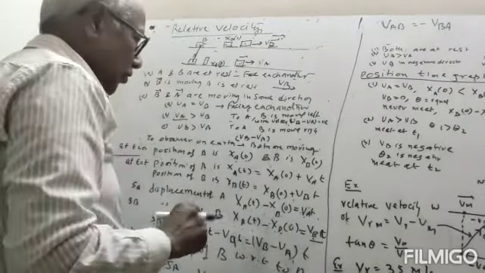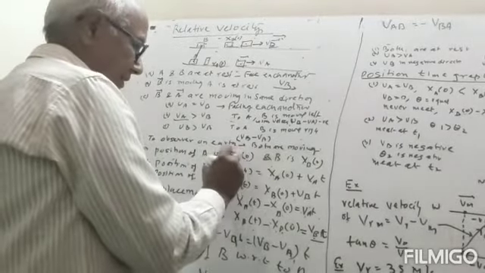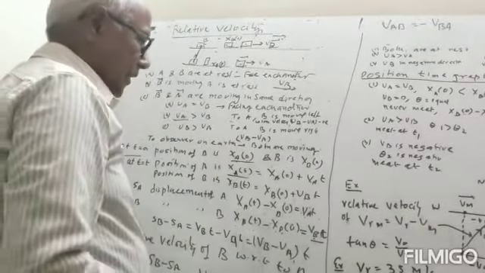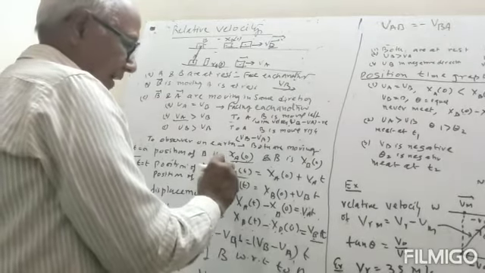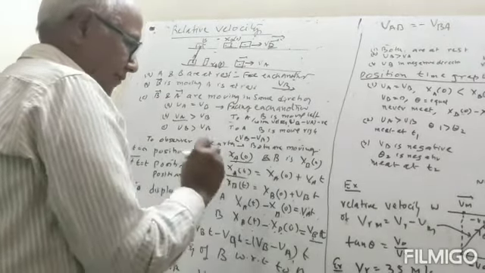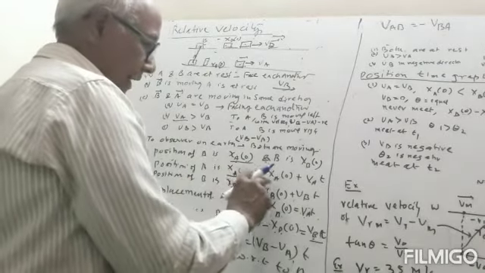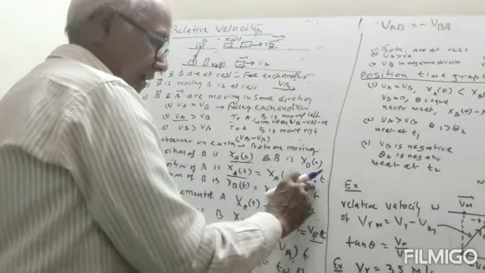So at t equal to 0, the position of A is xa0 and the position of B is xb0. At time t, the position of A is xat, where xat will be equal to xa0 plus VA into t.